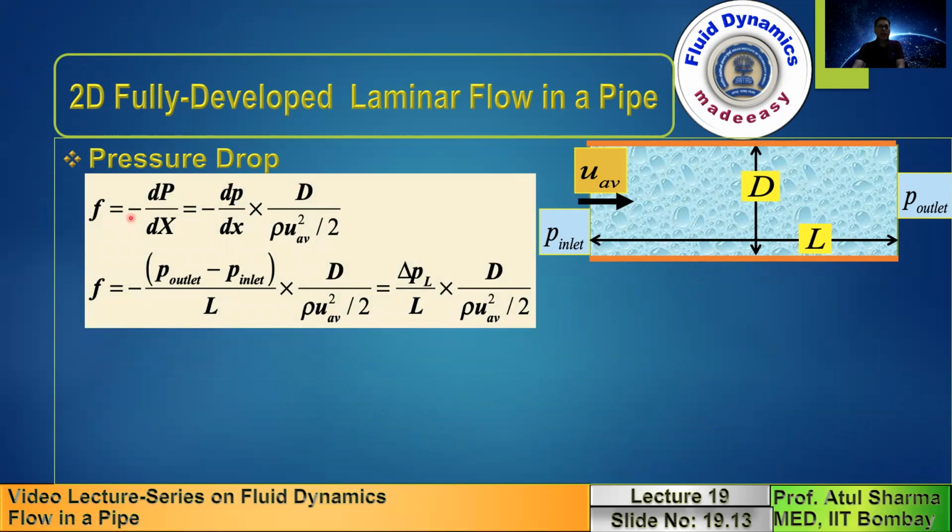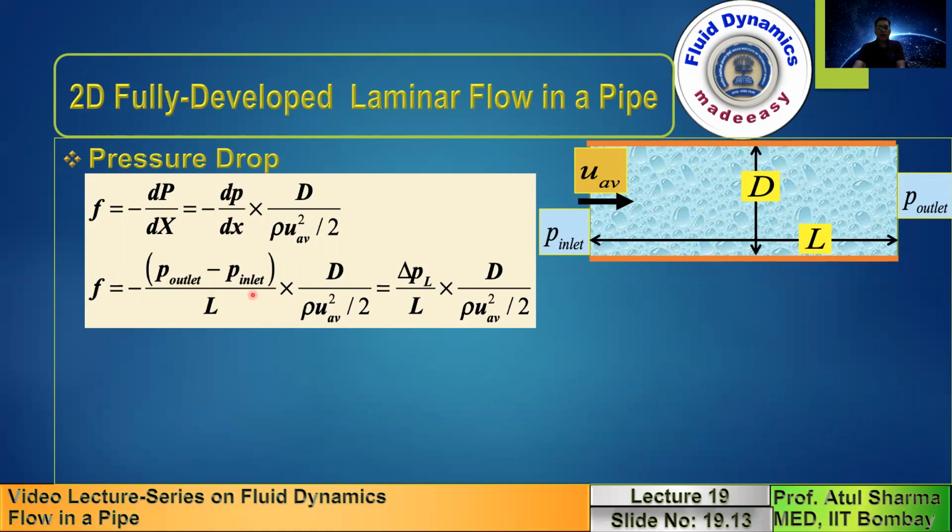In the previous slide, I had shown you f is equal to minus the non-dimensional pressure gradient, which in terms of the dimensional pressure gradient is given like this. This dP by dx is pressure at outlet minus pressure at inlet divided by the x location at the outlet minus the x location at the inlet, which is L. So dP by dx is given as P outlet minus P inlet divided by the length of the pipe.